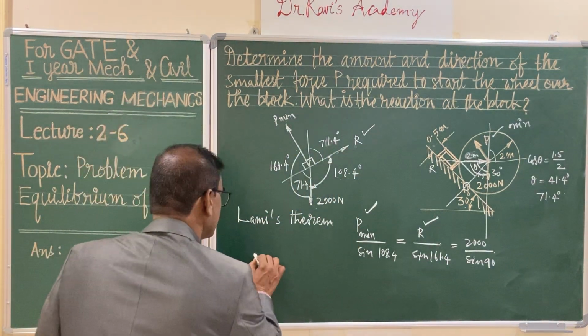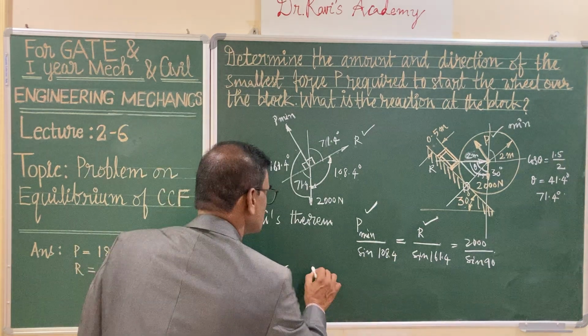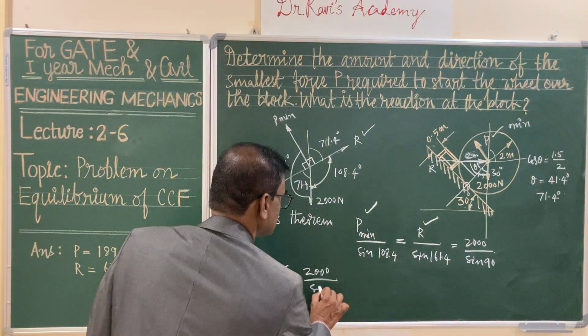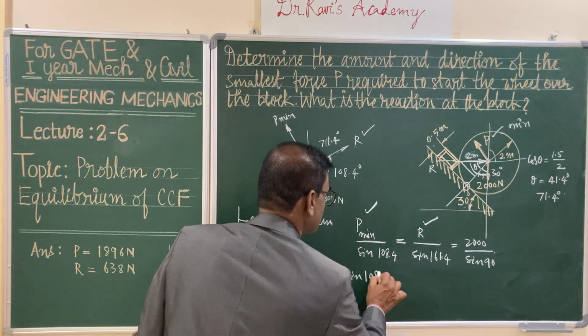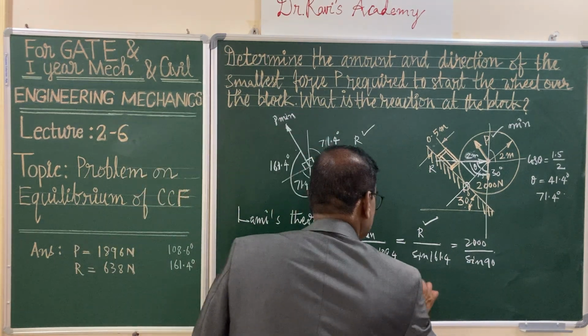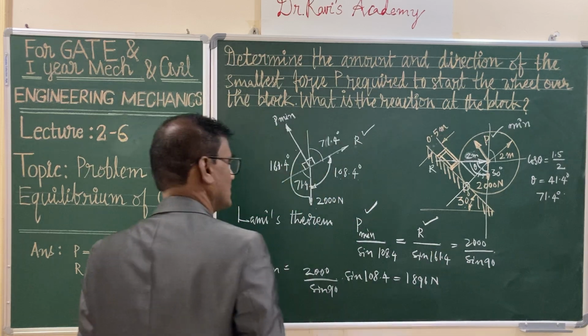So P minimum is equal to 2000 divided by sine 90 into sine 108.4. This gives the answer 1896 newtons. This is one answer.